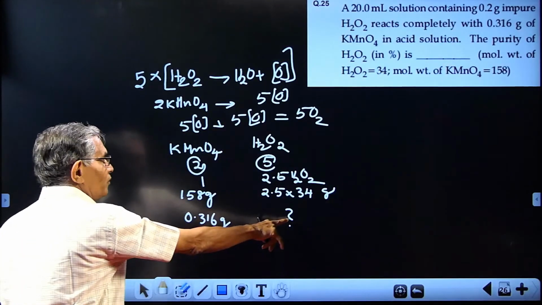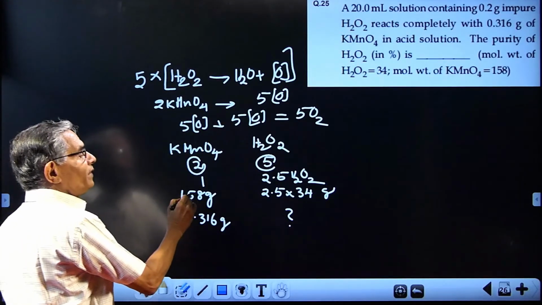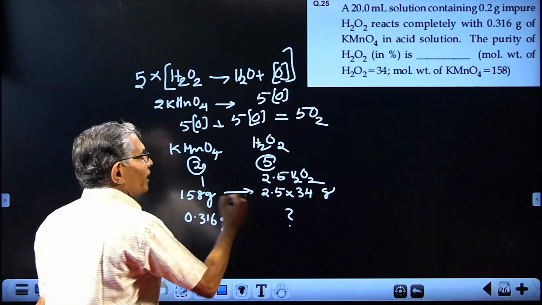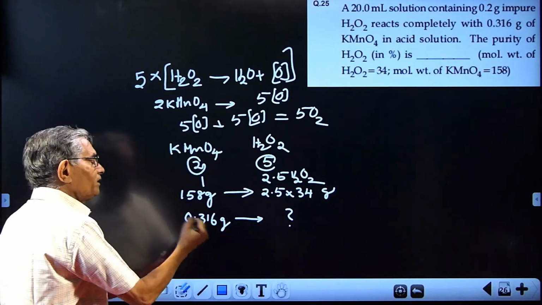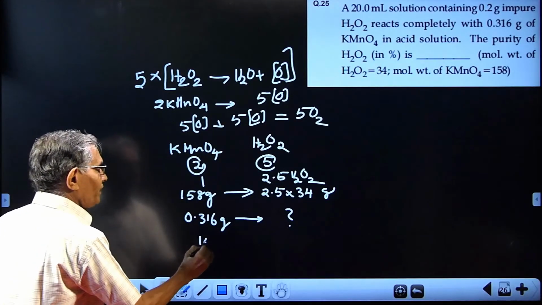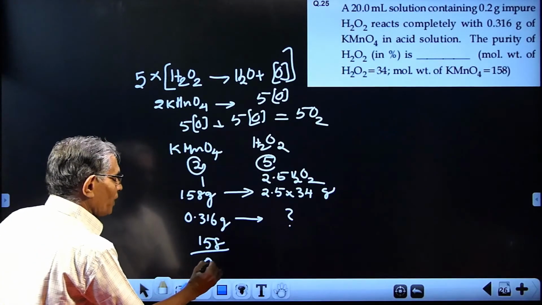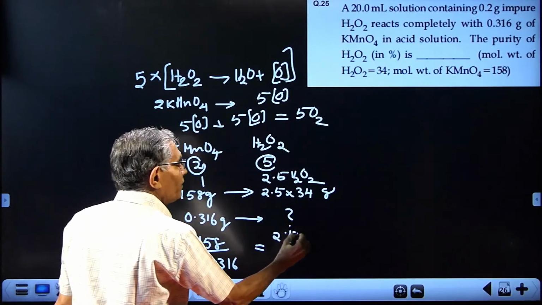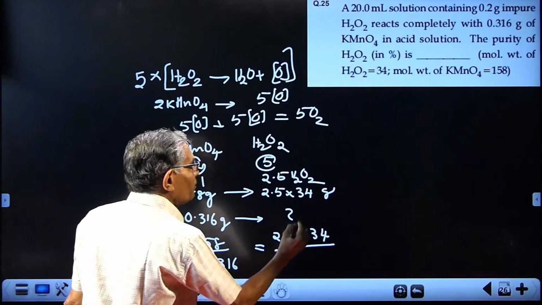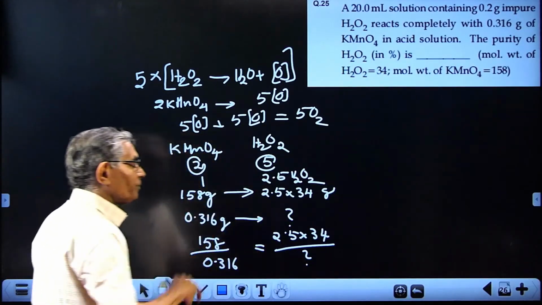Hydrogen peroxide mass will be, 158 corresponds to this value. So, 0.316 corresponds to how much? Ratio we can equate. 158 divided by 0.316 should be equal to 2.5 into 34 divided by unknown value.